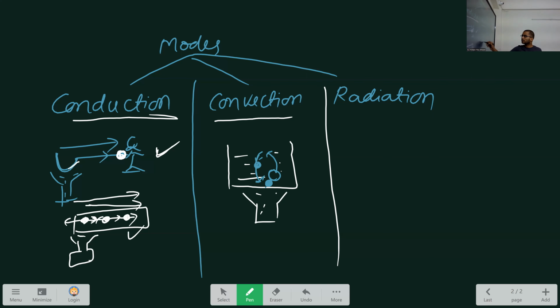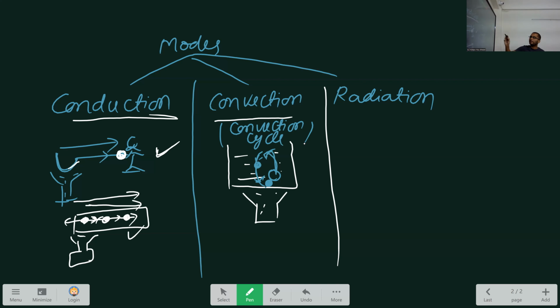So it means that there is a cycle formed. Colder molecules come down to get heat, and then they go upward. This cycle is called the convection cycle. In this way, the whole liquid gets heated up.